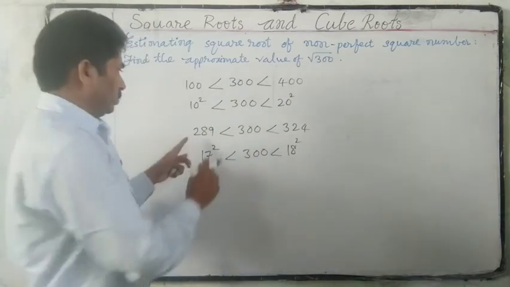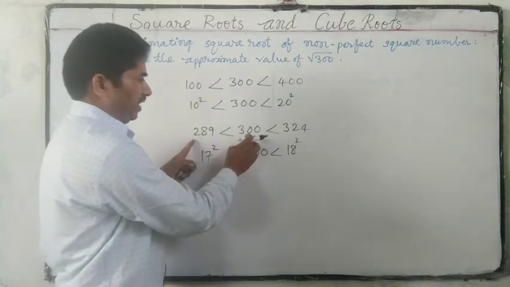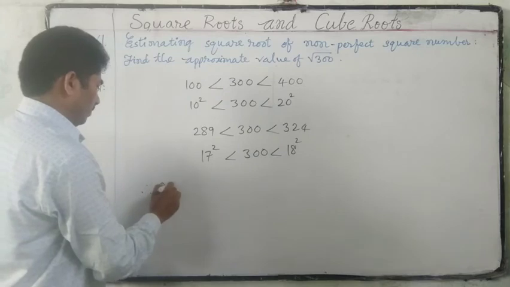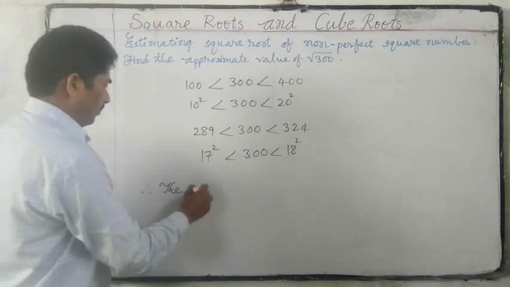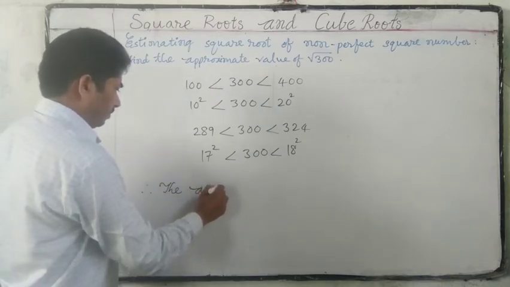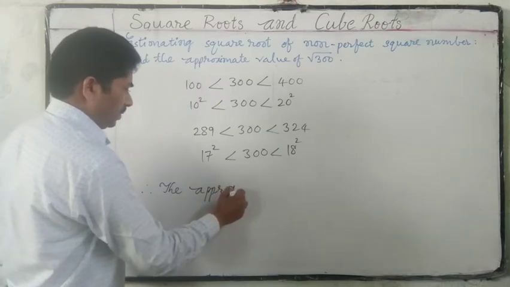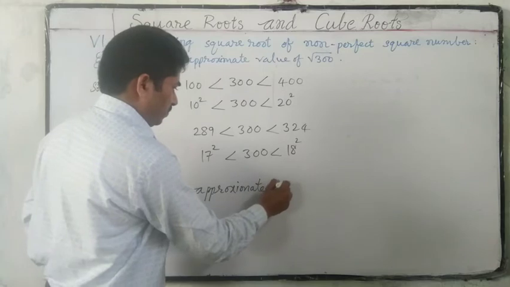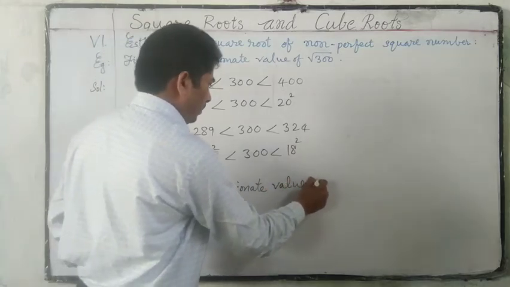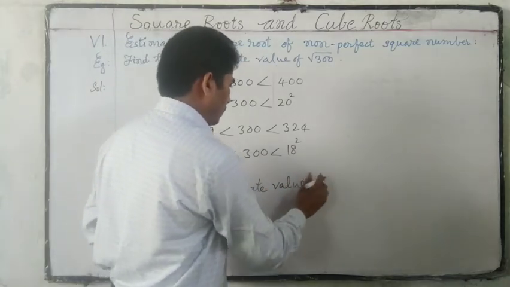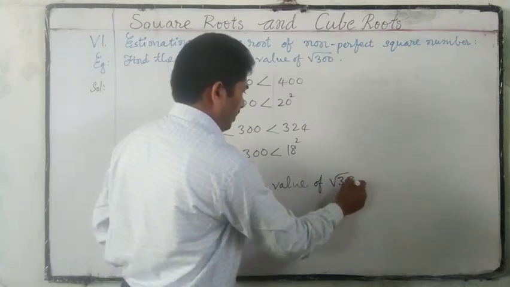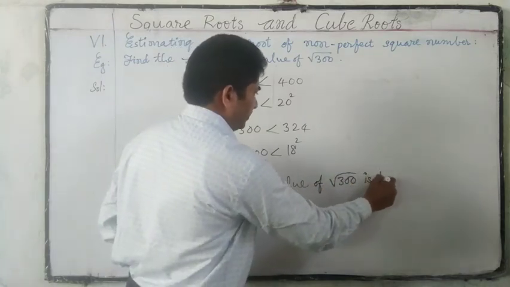We can guess 289 is very close to 300. Therefore, the approximate value of the square root of 300 is 17.